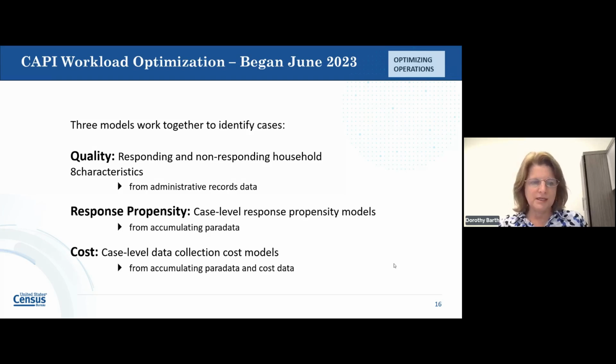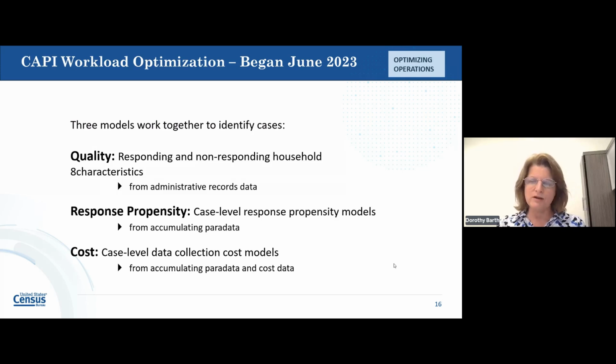To identify the cases that we stop, we use 3 models that work together to find the point where we can maximize cost savings for small hits on data quality. The quality model uses administrative record data to understand the characteristics of responding households compared to those who have yet to respond. The response propensity model uses accumulated paradata to predict response.